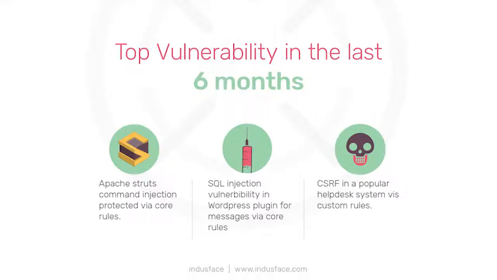So I want to back this up with some examples from the last 6 months at an application level. Apache, in the last 6 months, fortunately we did not have something as big as Heartbleed, but Apache Struts is a framework which had a major vulnerability.